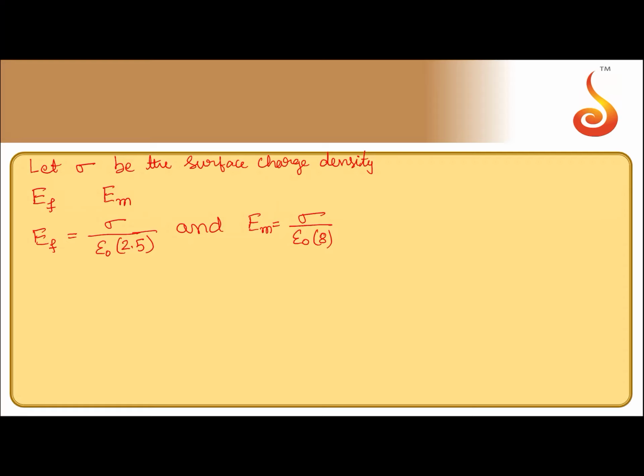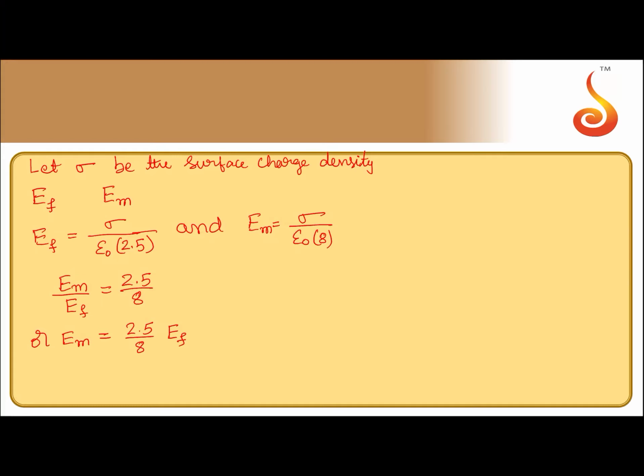So if I divide the two, EM by EF will be equal to 2.5 divided by 8. Or you can write the dielectric breakdown strength of mica as 2.5 by 8 times EF.